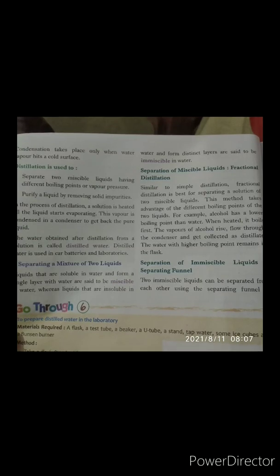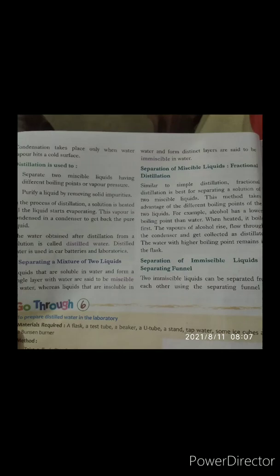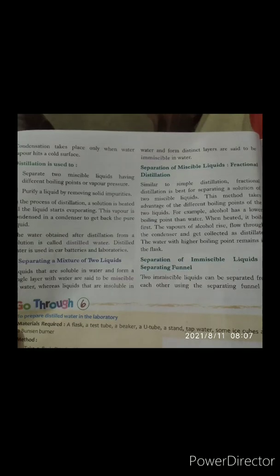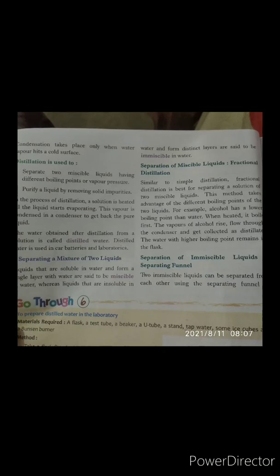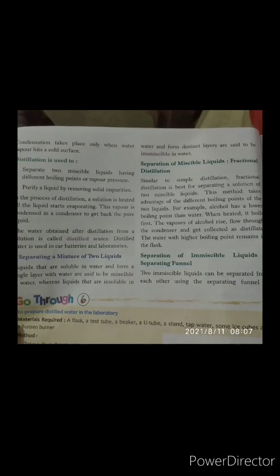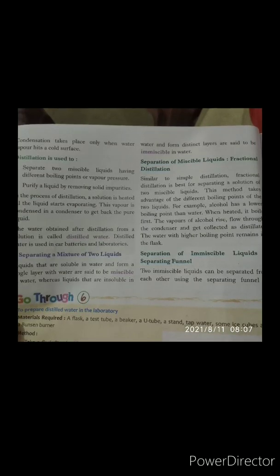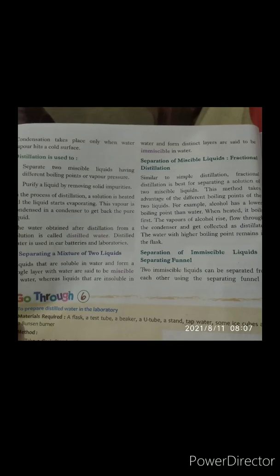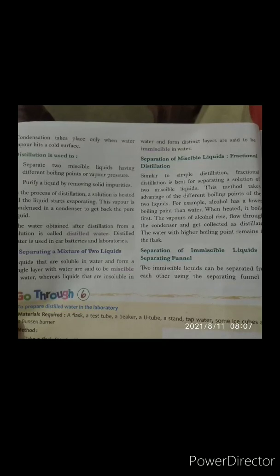Similar to simple distillation, fractional distillation is best for separating a solution of two miscible liquids. This method takes advantage of the different boiling points of the two liquids. For example, alcohol has a lower boiling point than water.